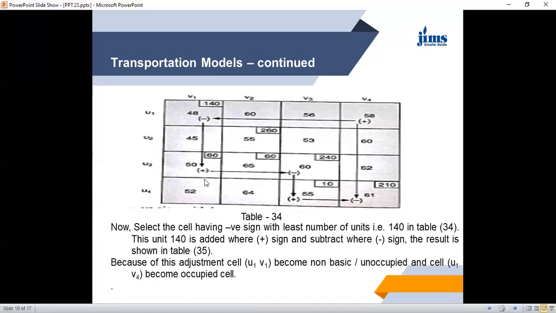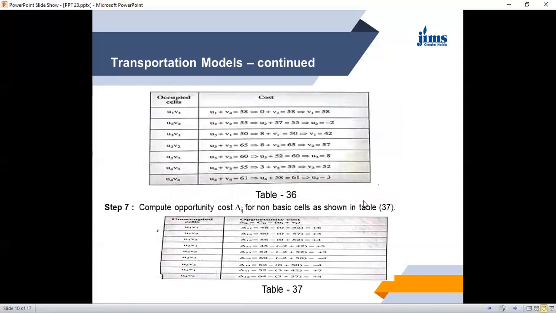So see which are the negative cells. This one, negative sign is this one, and then negative sign is here, this one, another is this one.